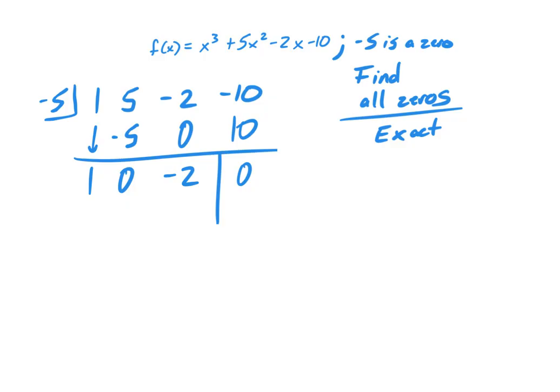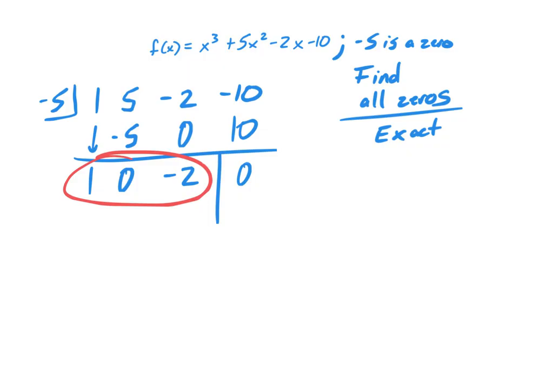Now we're looking for our other two zeros. Whenever we do synthetic division, what we're trying to do is break this polynomial down into a smaller polynomial that we can work with. So we started with a cubic polynomial. We're going to take what's left over right here, and we're going to write this as a quadratic. We're going to drop it down in a degree.